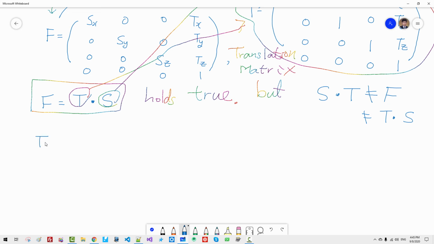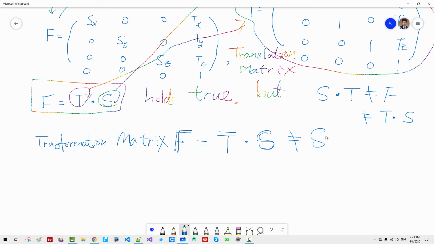Transformation matrix F equals translation matrix times scaling matrix, but not scaling matrix times translation matrix.